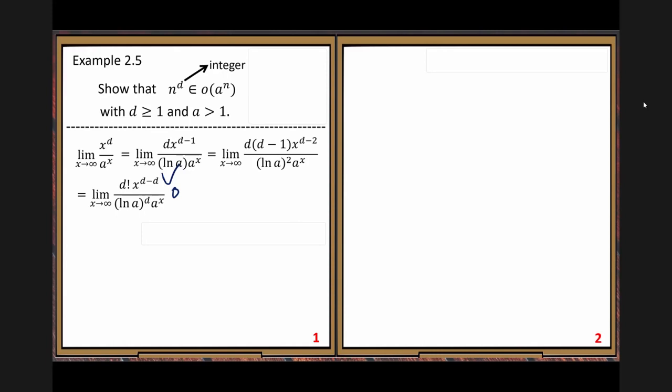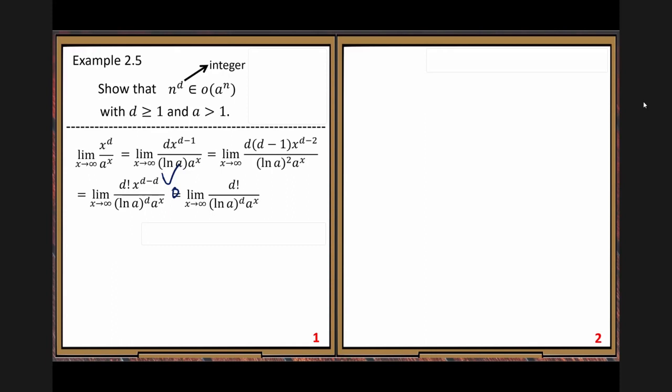But after this step, we cannot apply L'Hopital's rule another time. Here, let's do simplification. In the numerator, d factorial is a constant, because after d is given, d factorial is a constant. In the denominator, natural log of a raised to the dth power is another constant.